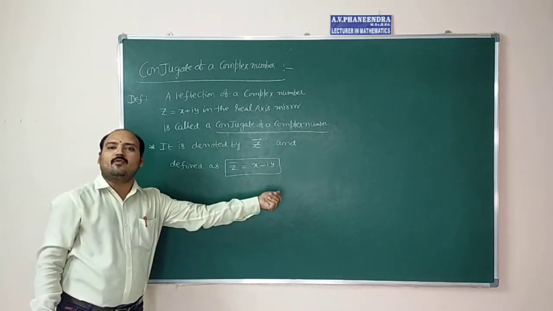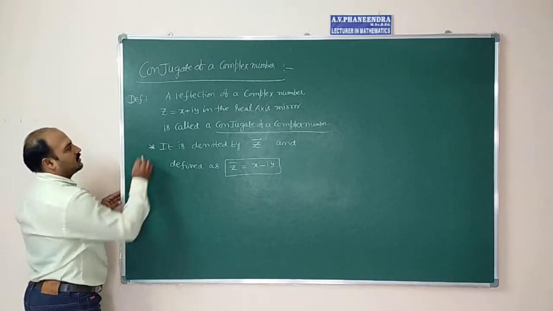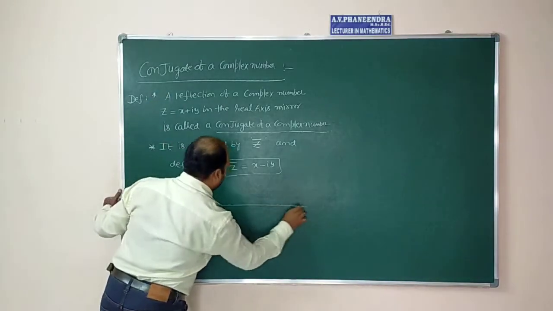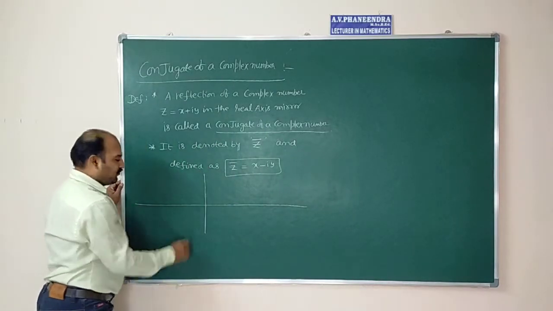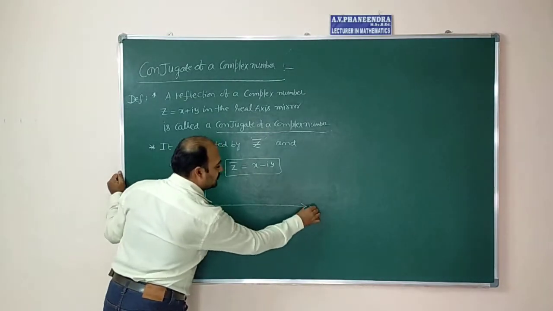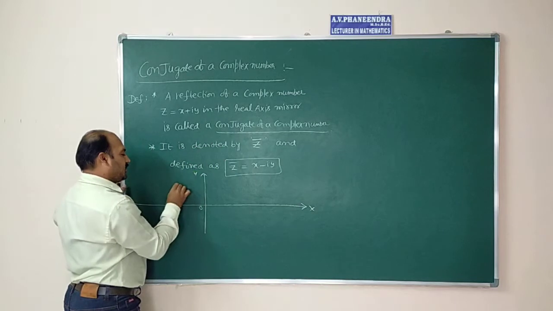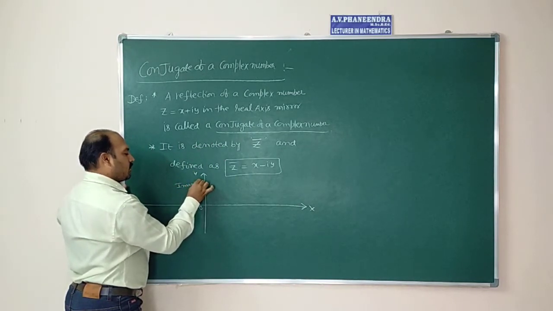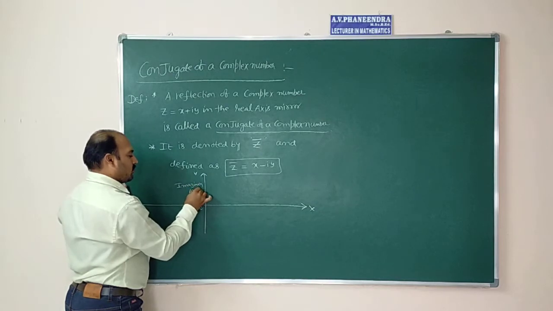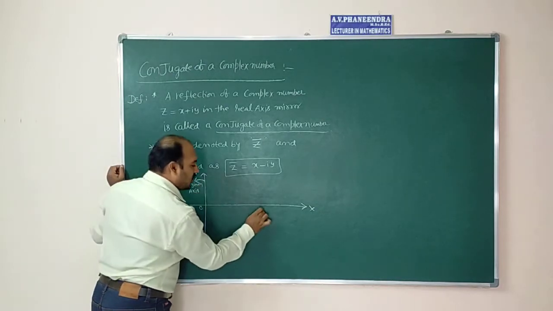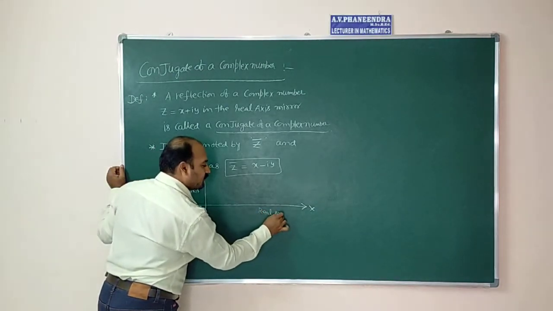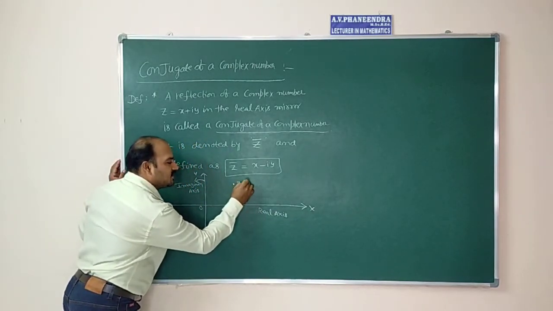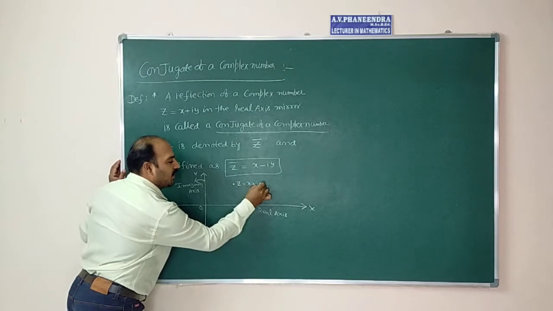After that, according to the definition, if you draw the diagram this way, it is easy to understand. This is the real axis, this is the imaginary axis. Suppose the complex number z is in this plane, z equal to x plus iy.